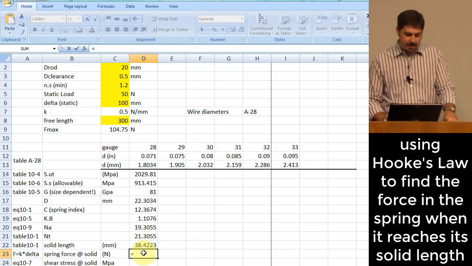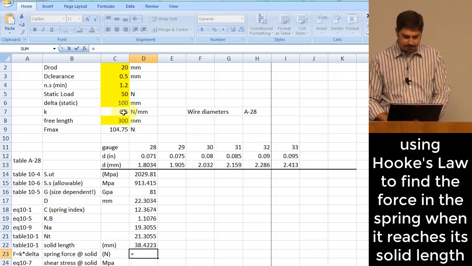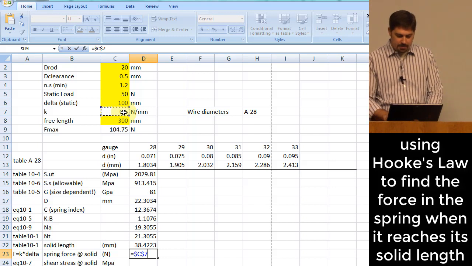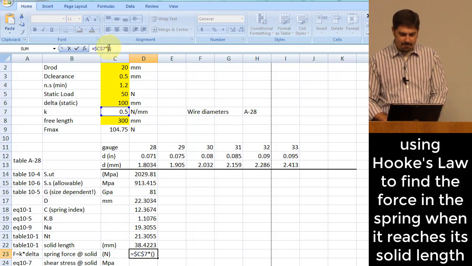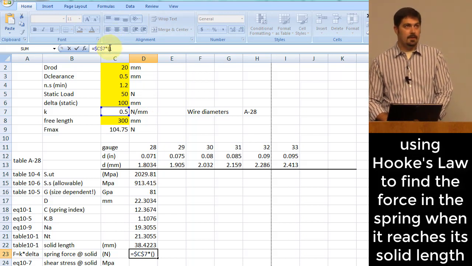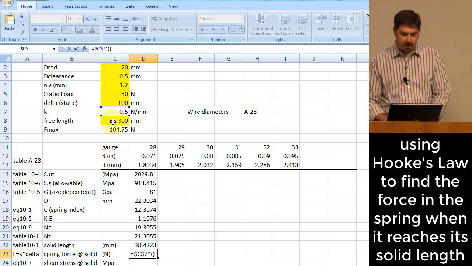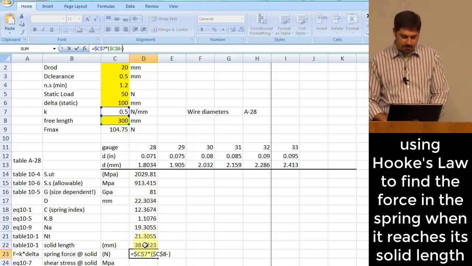And to find F, we just take K, which was up here, and multiply by delta. Well, what's delta? Delta is whatever our free length was minus the length at the solid height.